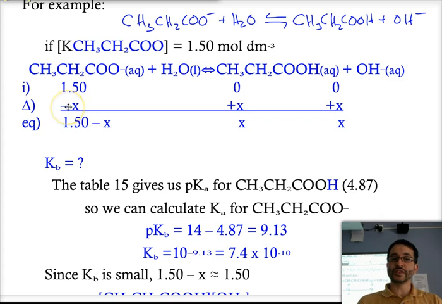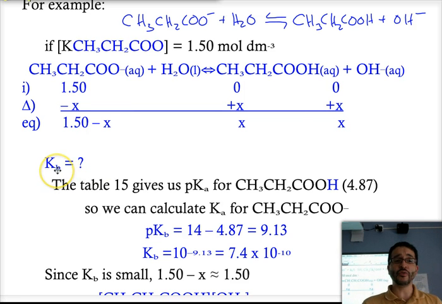As it changes, you consume some of the propanoate to make propanoic acid and hydroxide, all right? And so at equilibrium, the concentration of propanoate will be 1.5 minus X. The concentration of propanoic acid will be X, and the concentration of OH minus is going to be X. And that is the concentration that we're interested in. We're actually not interested in the other concentrations because they don't go into our calculations of pH or pOH. Now, we will need the other concentrations, but this is the one that we focus on.